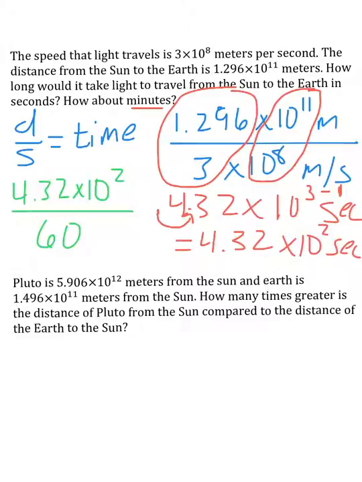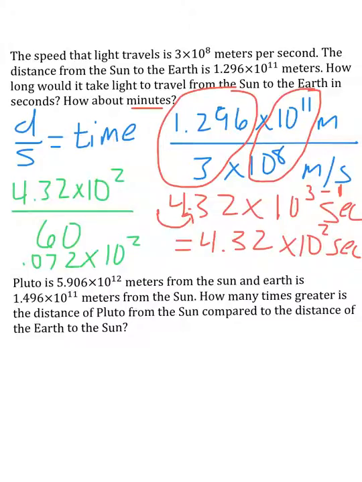When we do that, we take our 4.32 divided by 60, okay, and we end up with 0.072. And now we have our 10 to the second, right? And there's no 10 to any power in our denominator, so that'll be times 10 to the second, okay?